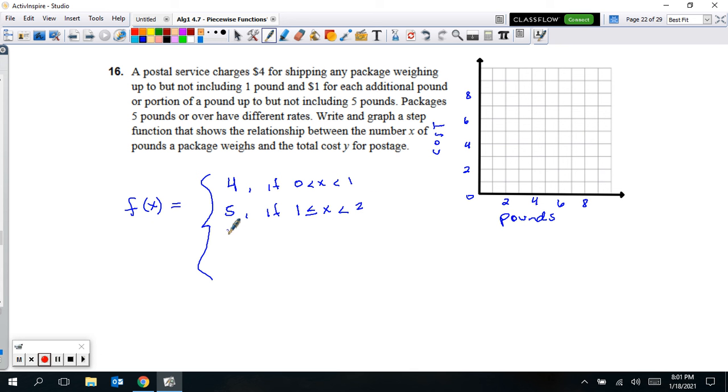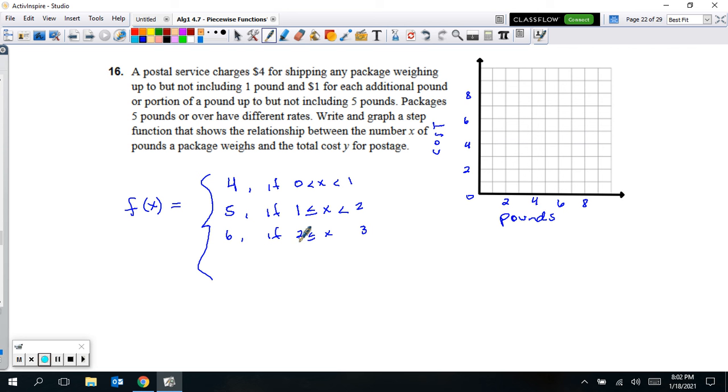And we're going to just keep going on that pattern, and we're going to stop after 5 pounds. Remember this is 1 pound, so here's 1 pound, 2 pounds, and so we keep doing it until we get to a 5 pounder over here for x. So we can say 6, that's if we're between 2, put x here, and 3.